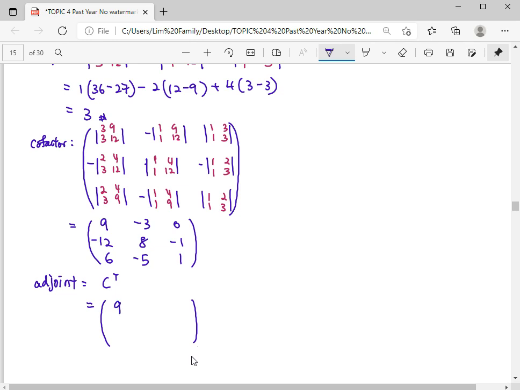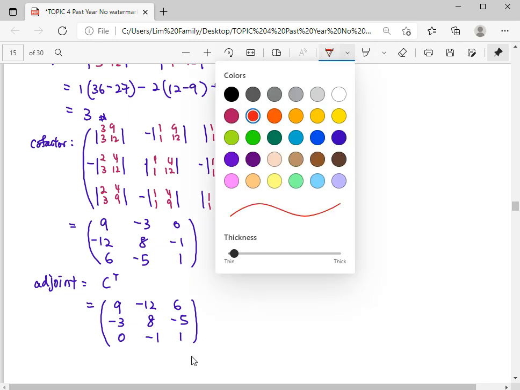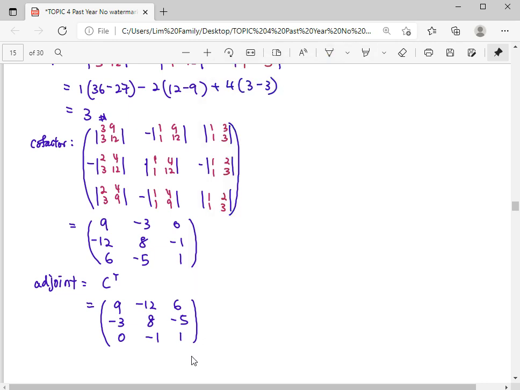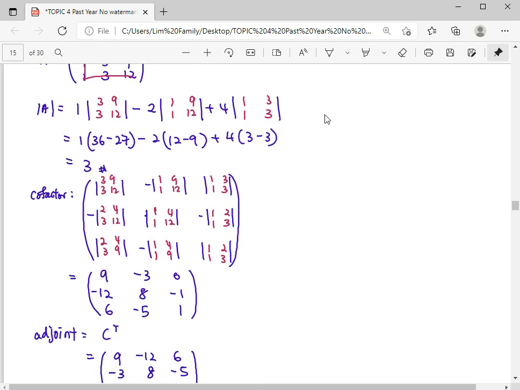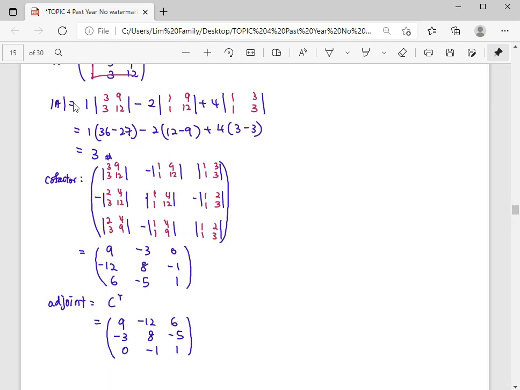So it will become 9, negative 3, 0, then negative 12, 8, negative 1, and then 6, negative 5, 1. Okay, so we have already done our determinant, cofactor, and adjoint.